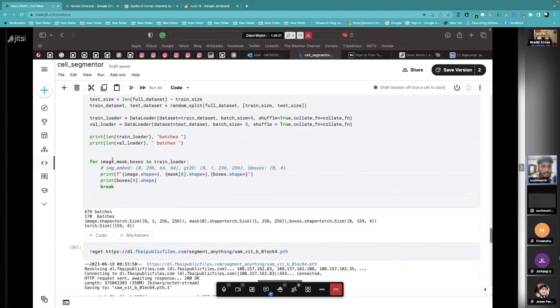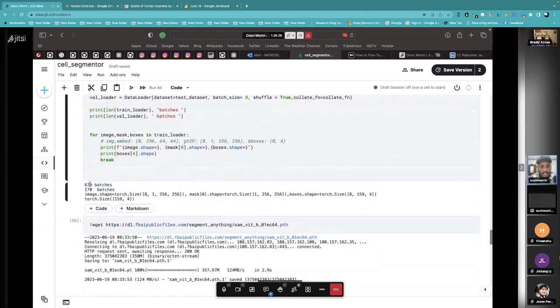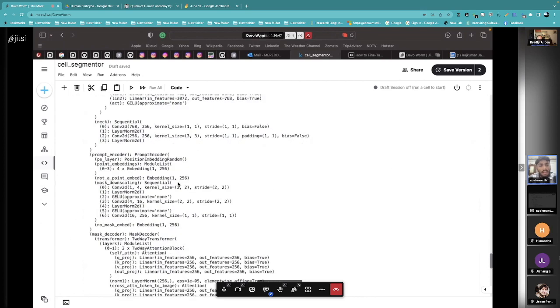Here we can see I was able to iterate over the train loader, the data loader. I took a batch size of 8, and these are the image dimensions. This is the mask dimension, and this is the box dimension. There are 8 boxes, and the first box is 159,4. So it is working pretty well.